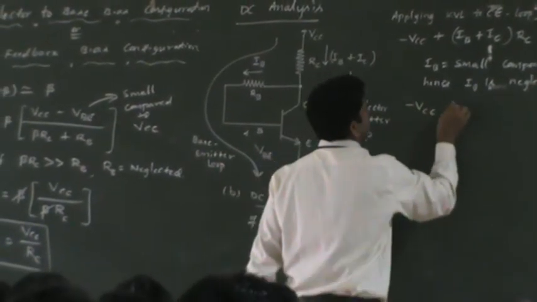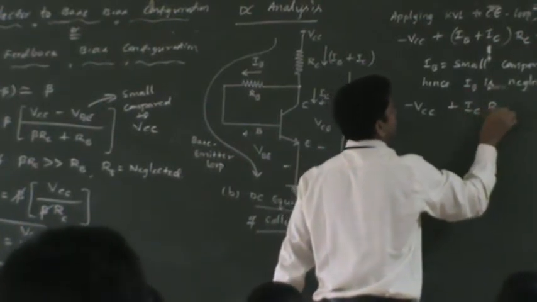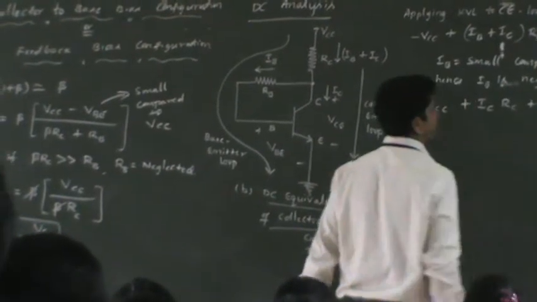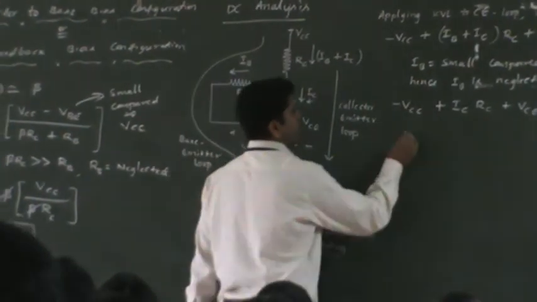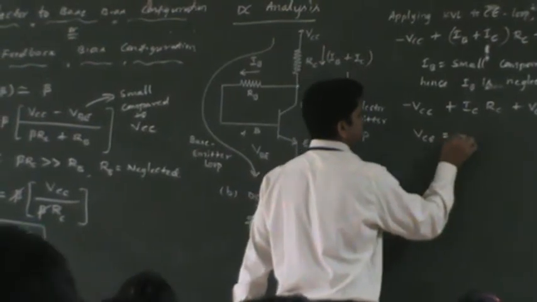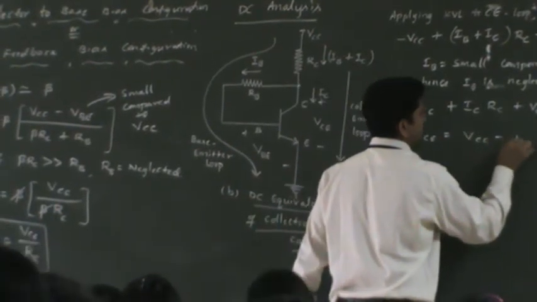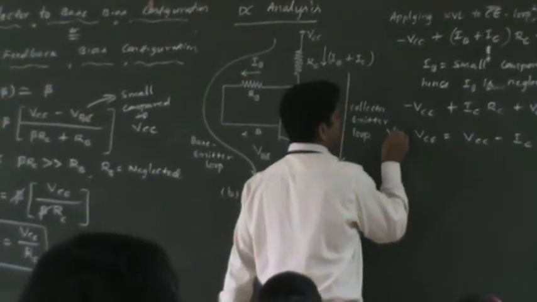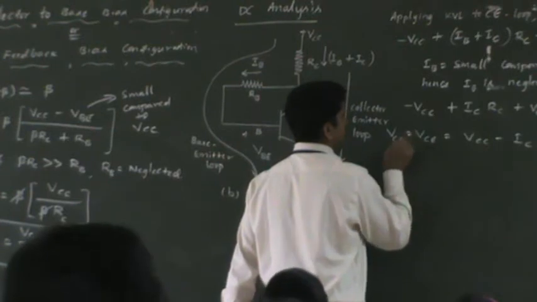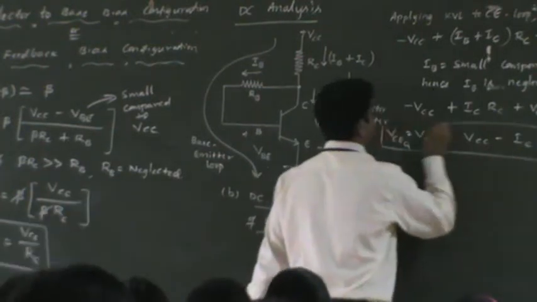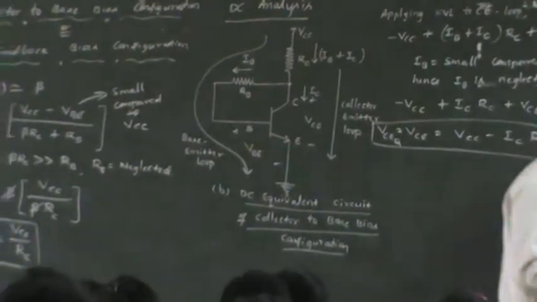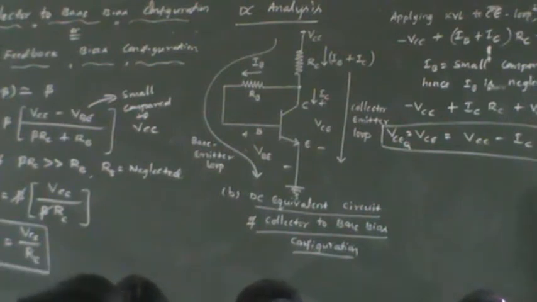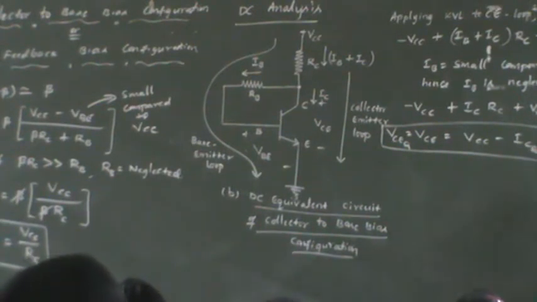Minus VCC plus IC times RC plus VCE, which is equal to zero. I just want the expression for VCE. So VCE is equal to VCC minus IC times RC. We can make this equal to VCQ also. This is the final expression for the present collector voltage. Here you can introduce an index as this.